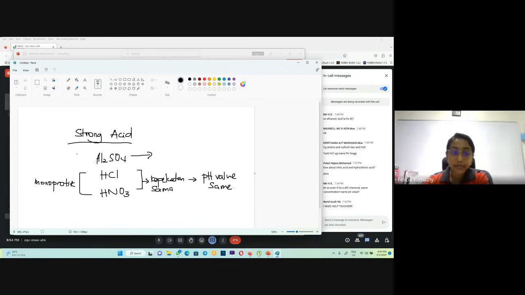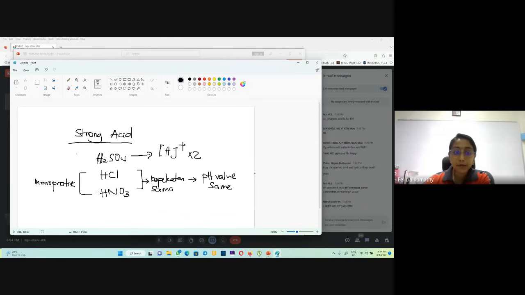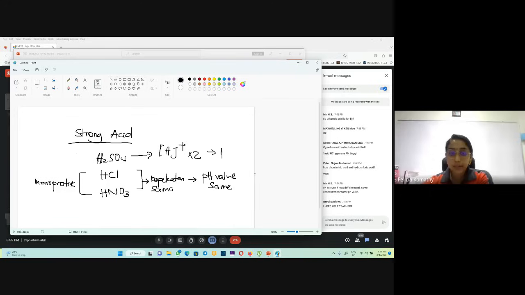But when come to sulfuric acid, student, here kepekatan hydrogen ion must double, you know. Walaupun dia guna kepekatan yang sama dengan hydrochloric acid and nitric acid, tapi pH value dia mesti rendah. Sebab kepekatan ion hidrogen yang dihasilkan adalah tak sama.